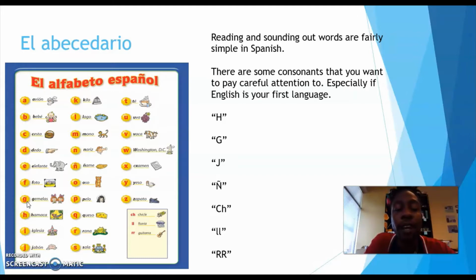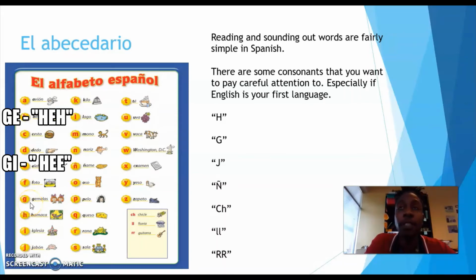Our G is going to have a similar rule to what our C has. So again, when we have the letter G, which in Spanish is he, when we have it with I or E, we're going to get a softer H sound.